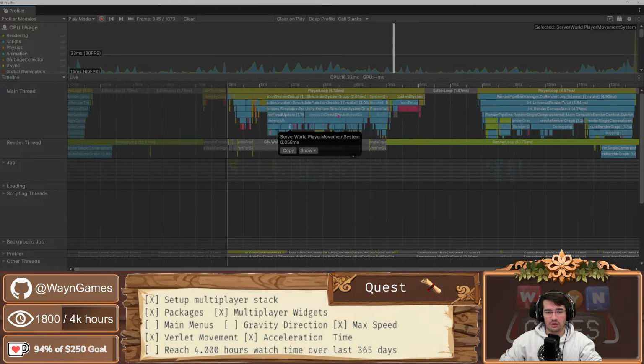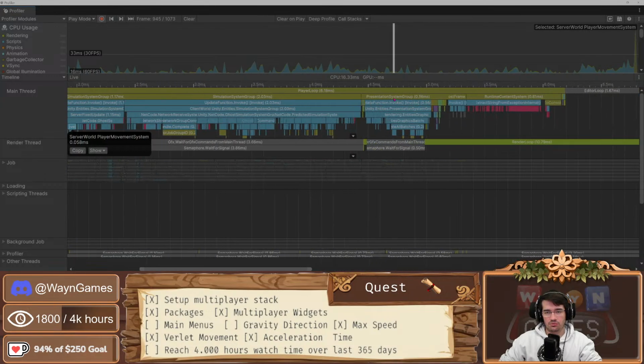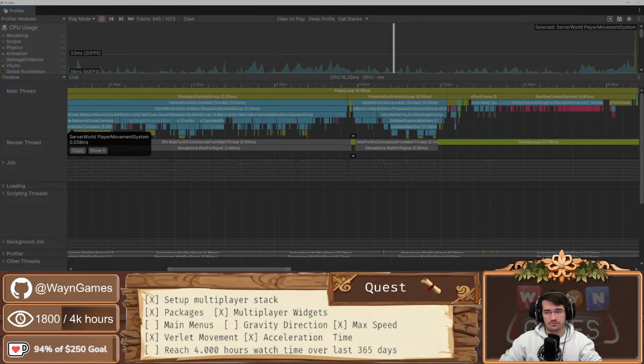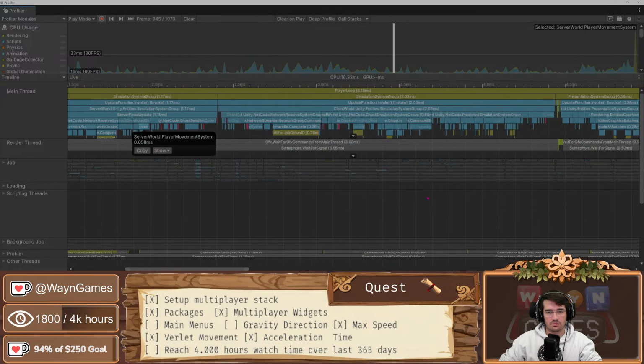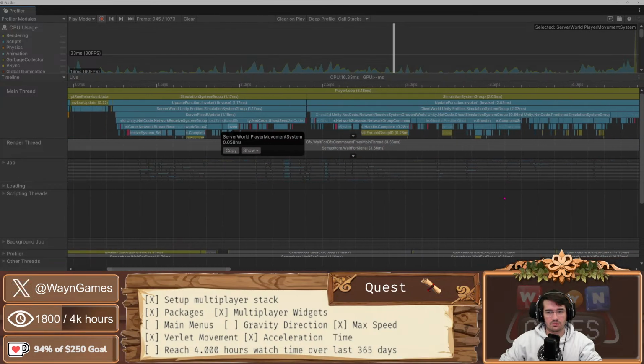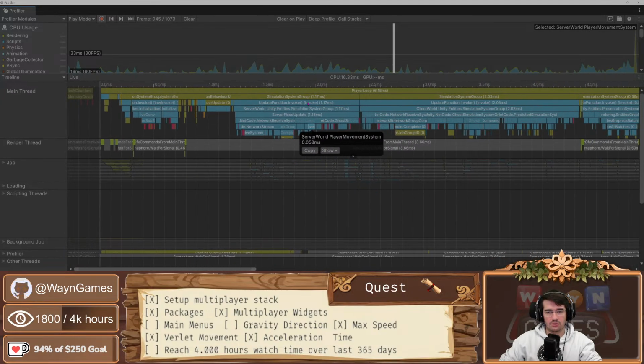I'm running the client and the server world on the same computer, so yeah, we have both. So this one is the server one.